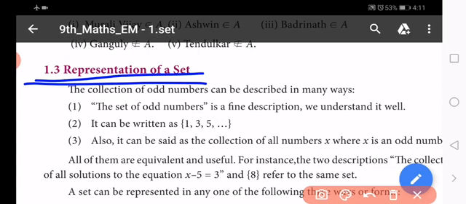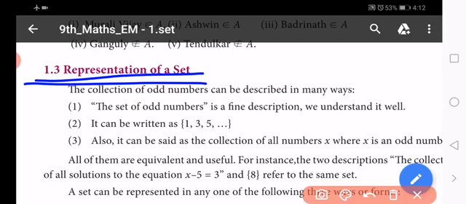A set is represented in three ways. That means a set can be represented in three ways or three forms.